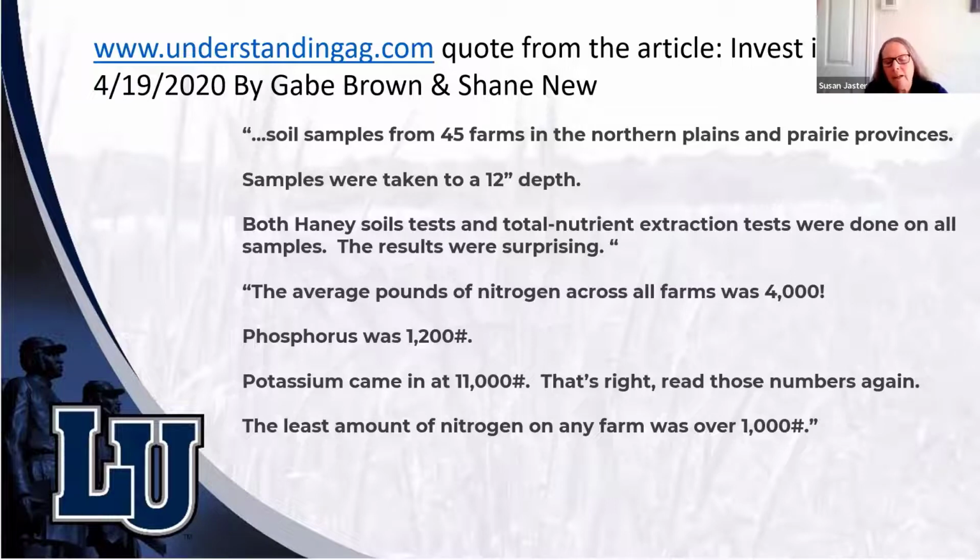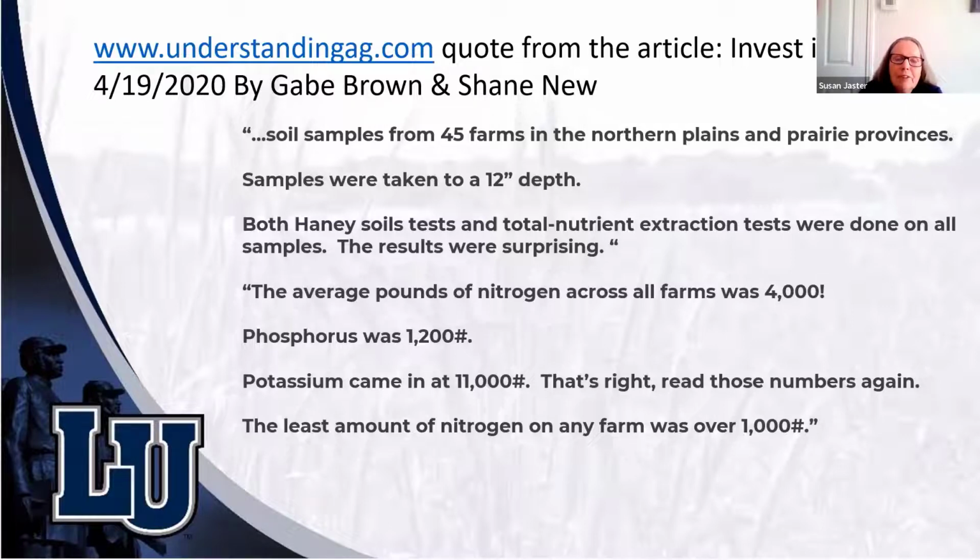So that's kind of getting down below our root zone for most shallow rooted plants. So that's pretty normal for vegetables and basically our field crops. And so they did both a Haney soil test and a total nutrient extract test. And they did that on all the samples.